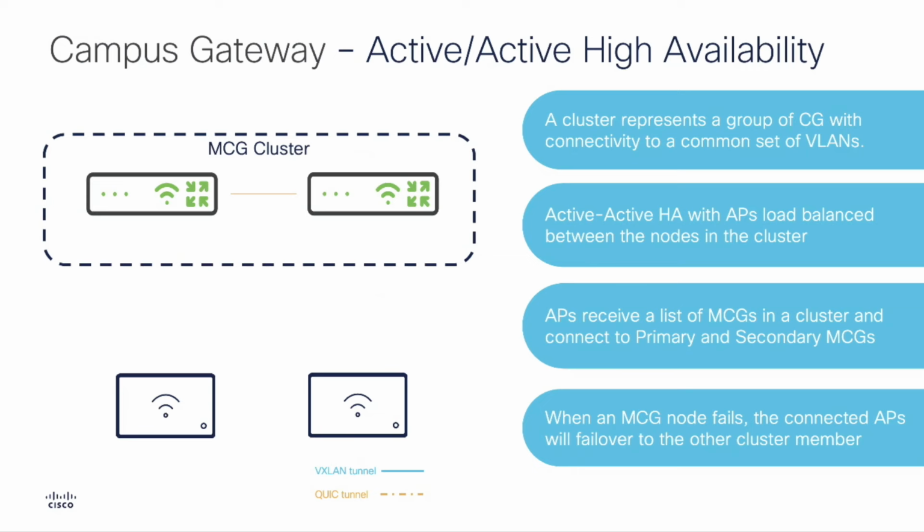It's active-active plus stateful. So in the event of a failover, we'll have as little downtime as possible when failing clients and APs over to the other MCG, but both MCGs will be active in serving clients. Dashboard will determine how APs are assigned to the different MCGs, so it'll give them a list of primary and secondary. I'll go over how that assignment works in the next few slides.